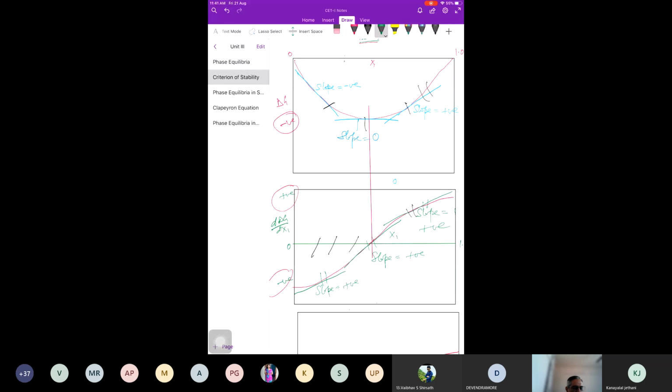So all the tangents along the curve will be positive because the angle is always less than 90 degrees. So at any point I take a tangent on this d delta G by dx1 versus x1, the slope is going to be positive. Is that correct? Is that agreeable to you?